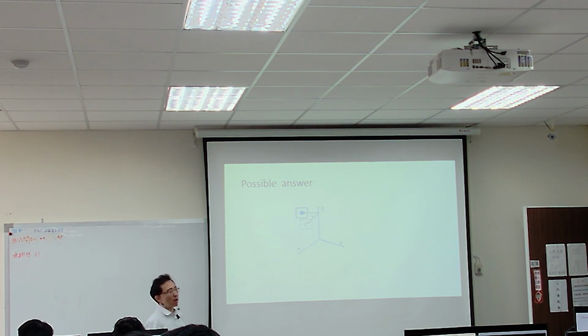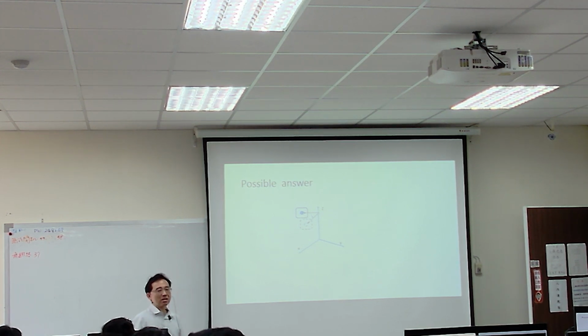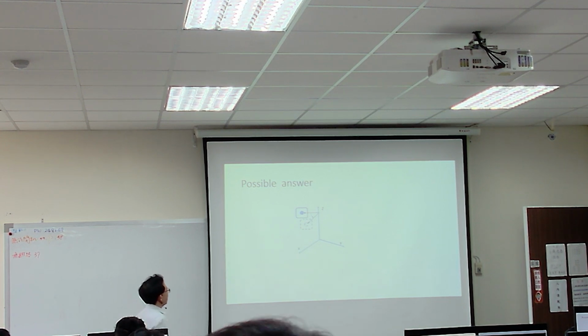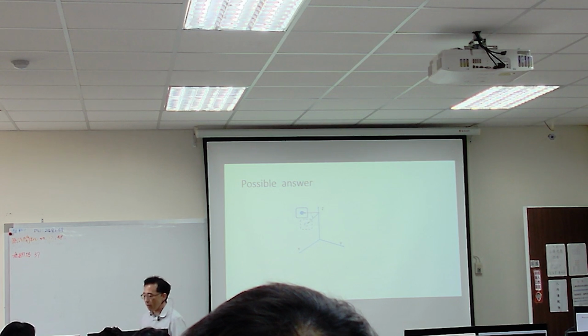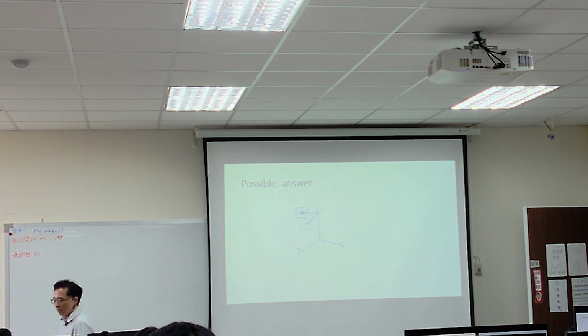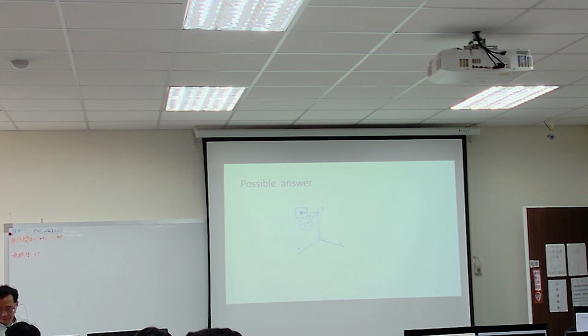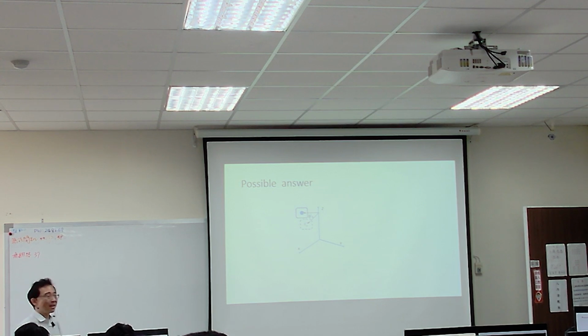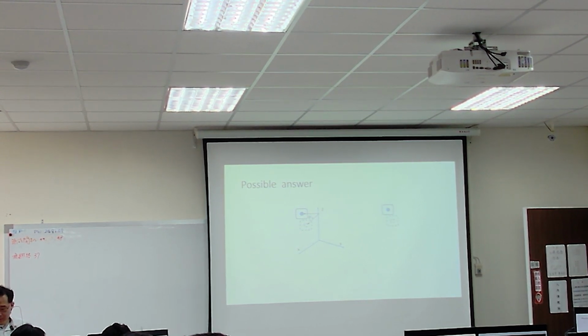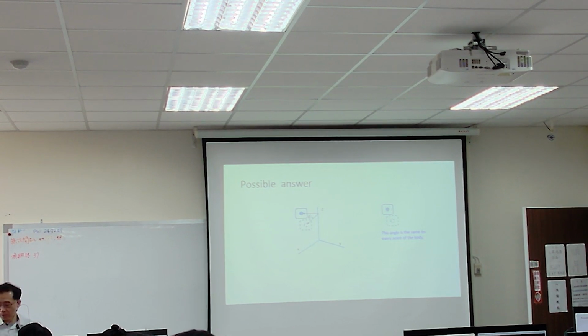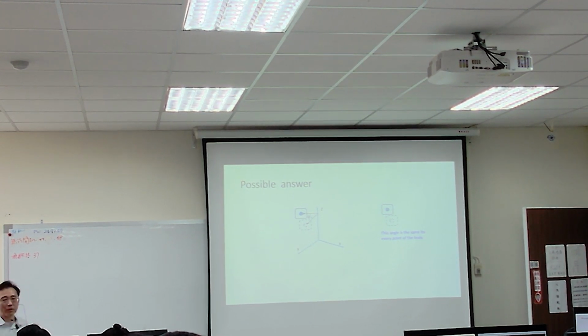But what is a rigid body? Later on, I will define it. So when a rigid body rotates in space along the z-axis, that's what happens. It will rotate to somewhere, okay? And somewhere it has an angle theta.